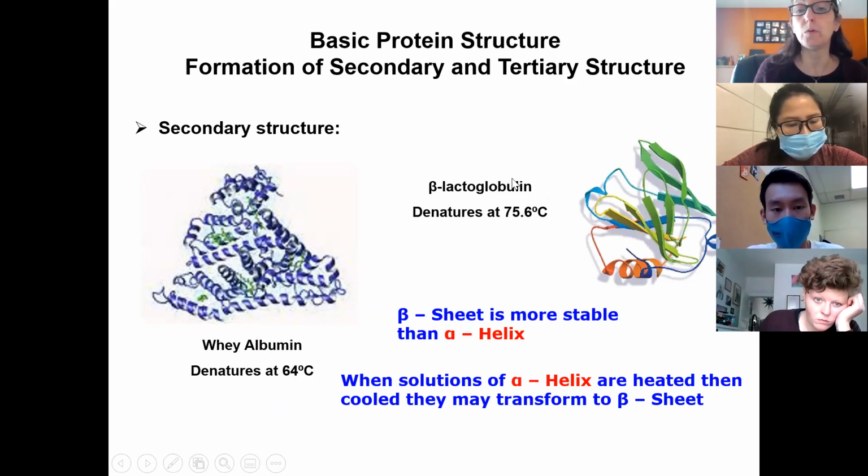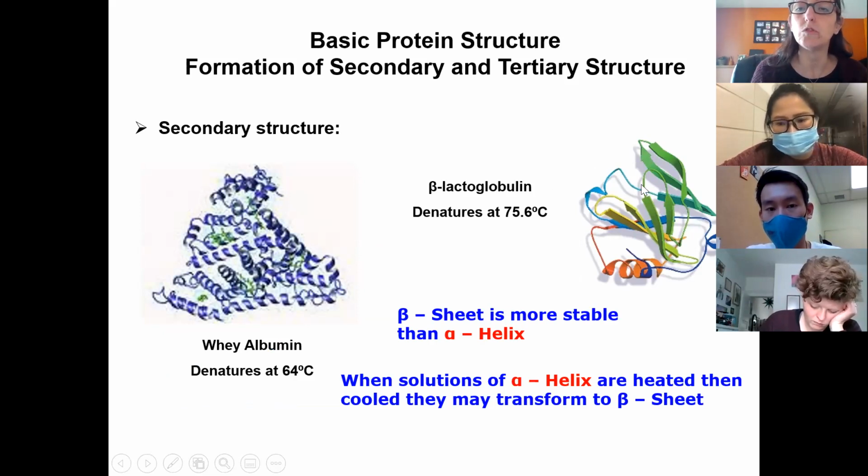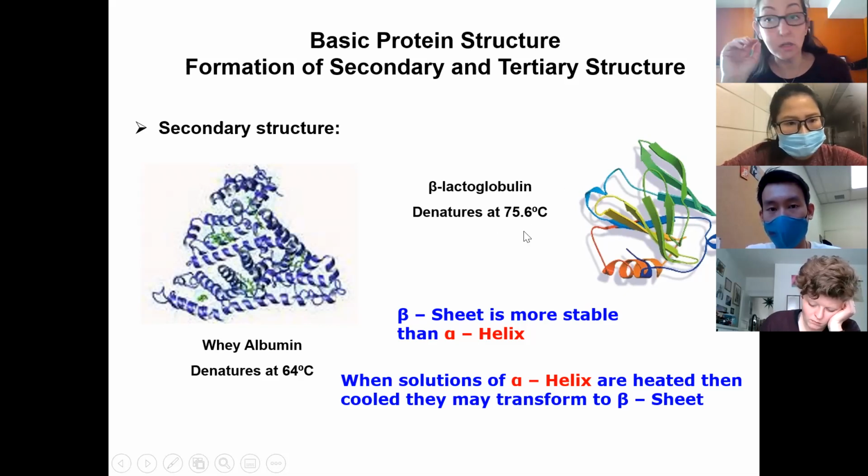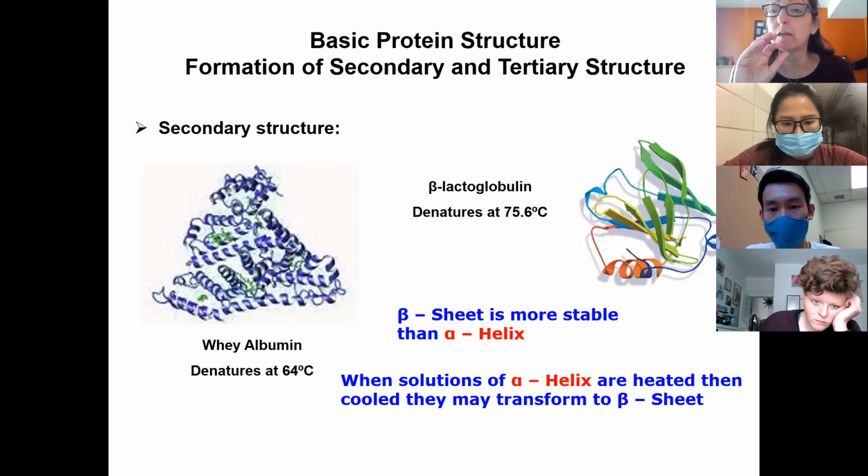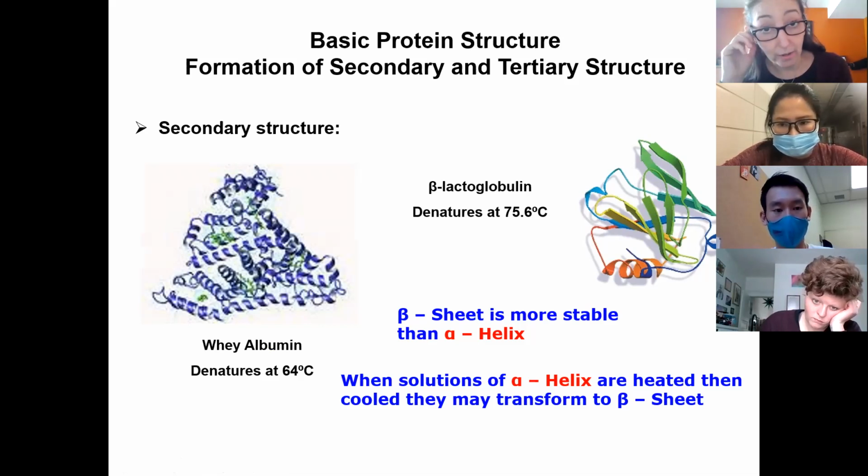And this is why protein beta-lactoglobulin, sorry, has a lot of beta sheets and one alpha helix and some random coils and turns. You have some turns here and here. So this denatures at higher temperature. The secondary structure also imparts certain stability, and the beta sheet is more stable to heat than alpha helix, so it resists denaturation more than alpha helix.